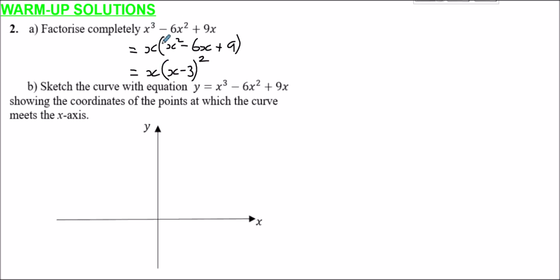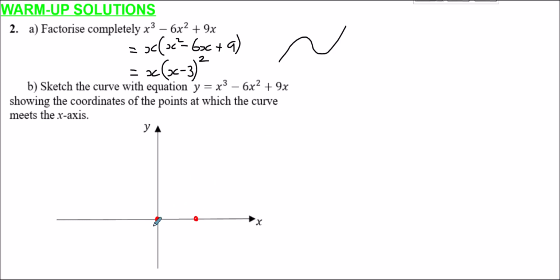This is a cubic though, so we need to remember when we're sketching it for part B, it will have the same characteristic positive cubic shape, which will be something like this. We need to consider where this function is going to be equal to 0. Well, it's going to be equal to 0 when x is equal to 0. And because here x equal to 3 is a repeated root, the graph will bounce, as it were, at x equals 3.